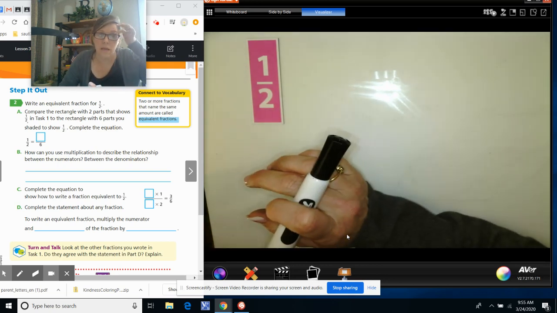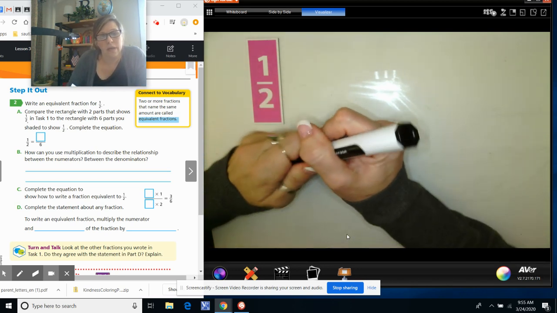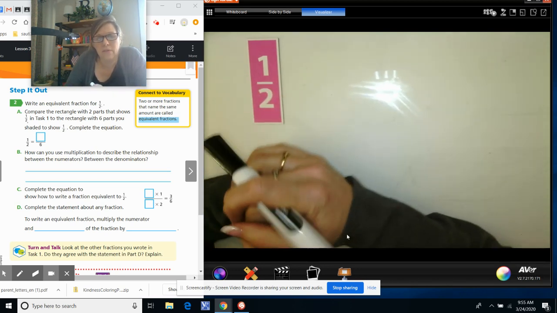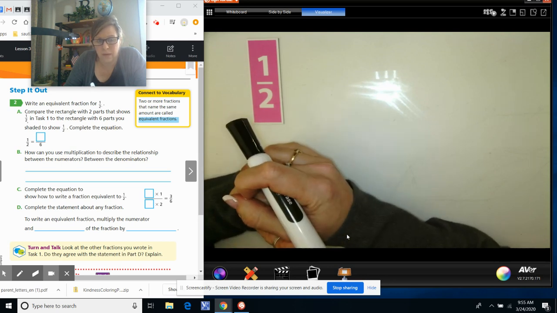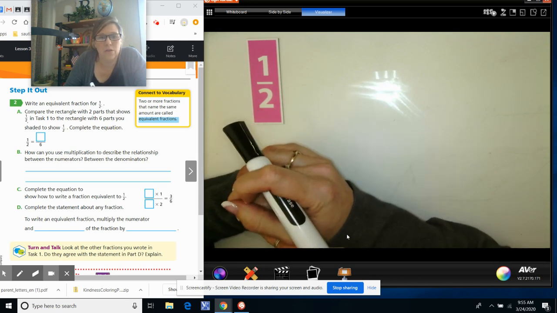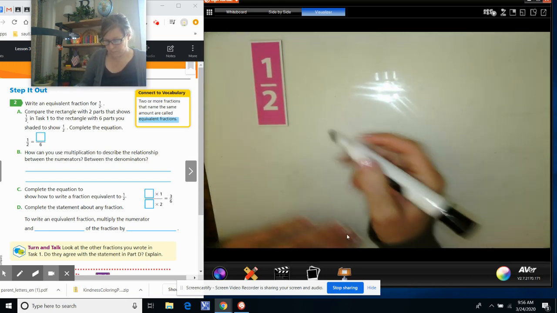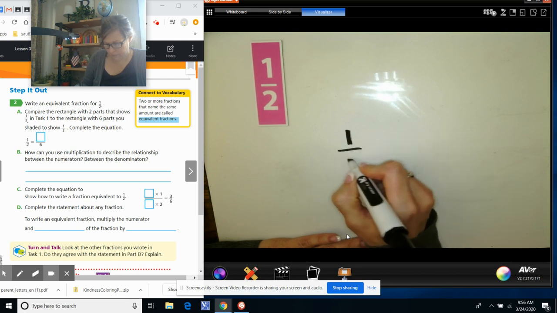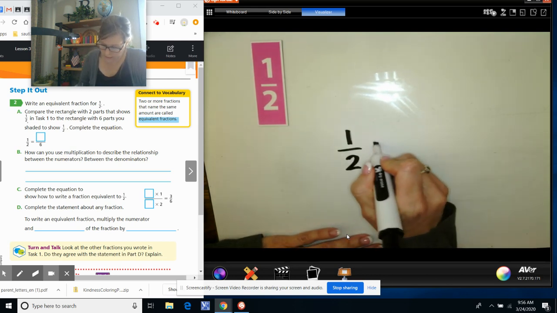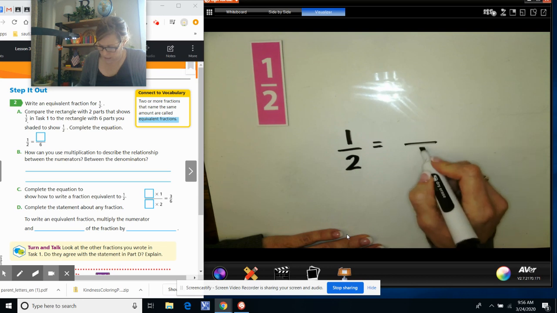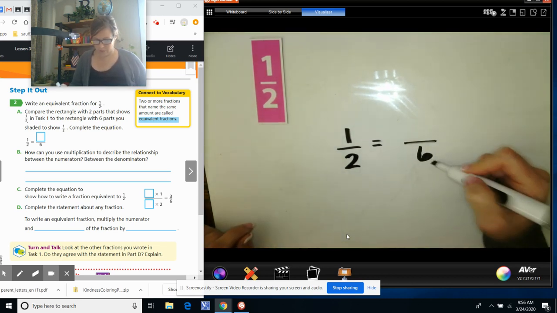All right, let's take a peek at the Step It Out. It says you're going to write an equivalent fraction for half. Compare the rectangle with 2 parts that shows 1/2 in task 1 to the rectangle with the 6 parts you shaded to show half, and complete the equation. So before, we had half, and we said that half was equal to something over 6.